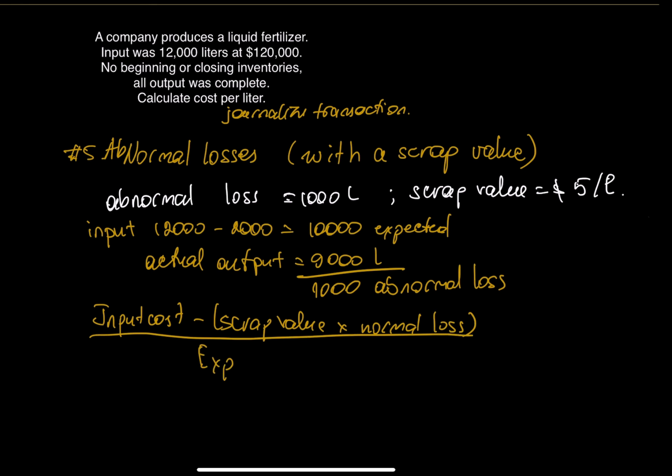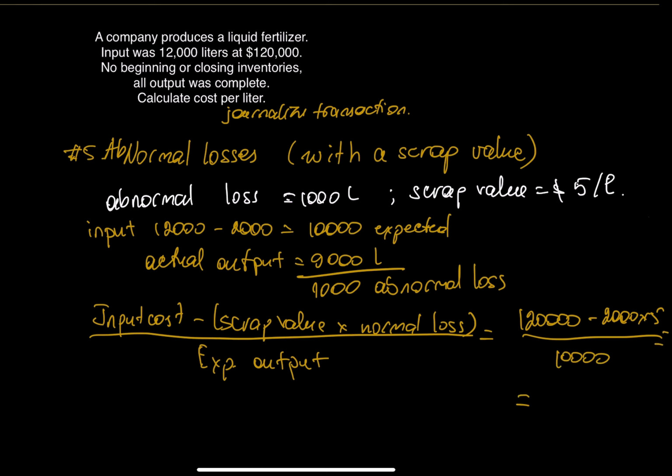So it gave us 120,000 minus 2,000 by $5, divided by 10,000 units. And that gave us, if I'm not mistaken, $11. So $11 is the cost per unit.